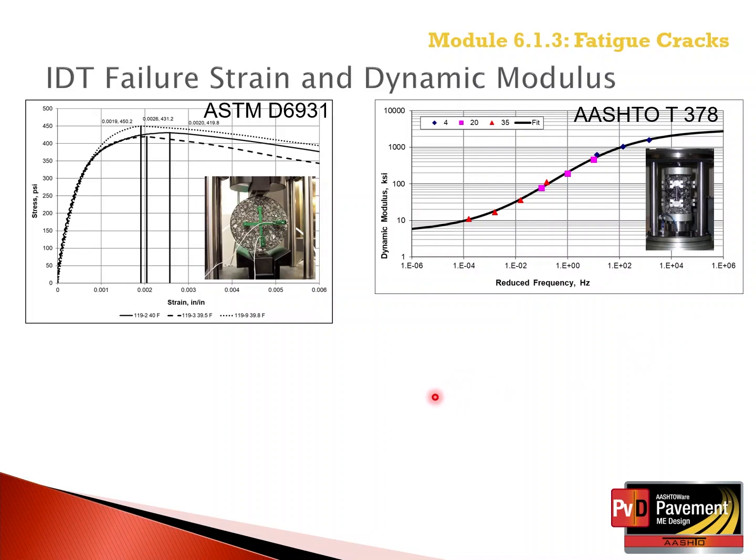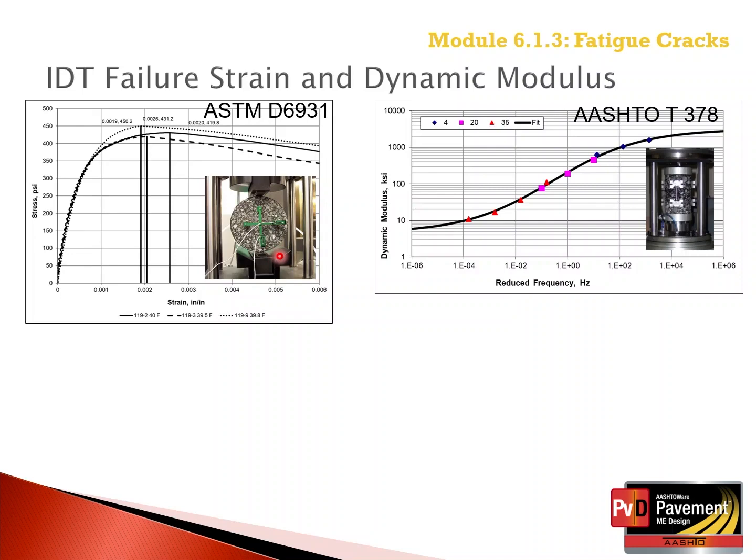The indirect tensile strength is measured in accordance with ASTM D6931 as displayed in the chart on the left of the slide. ASTM D6931 is modified to add the LVDTs to the faces of the indirect tensile specimen and measure the horizontal and vertical displacement in accordance with AASHTO T322, but at the intermediate or fatigue test temperatures.